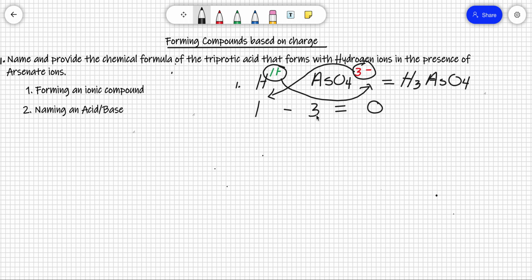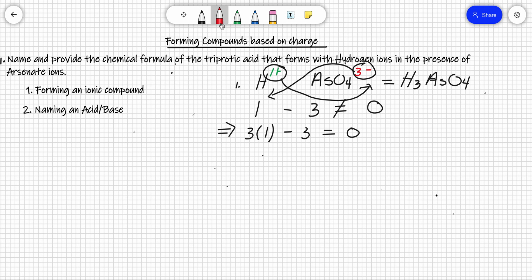The way we have it right now, 1 minus 3 does not equal 0. So we need to make sure that these two charges are able to cancel each other out. So what do we do? Well, we multiply this one by 3. 3 times 1 minus 3 now equals 0.